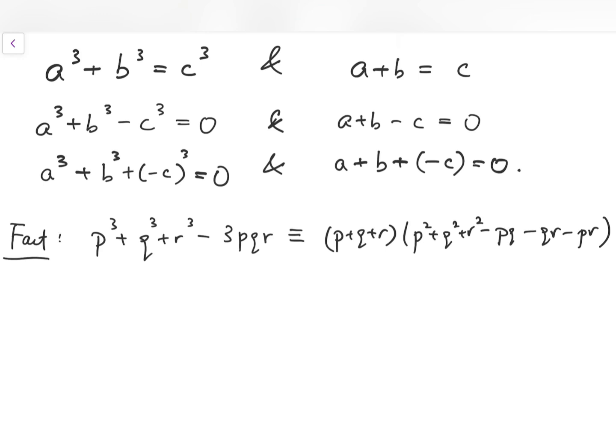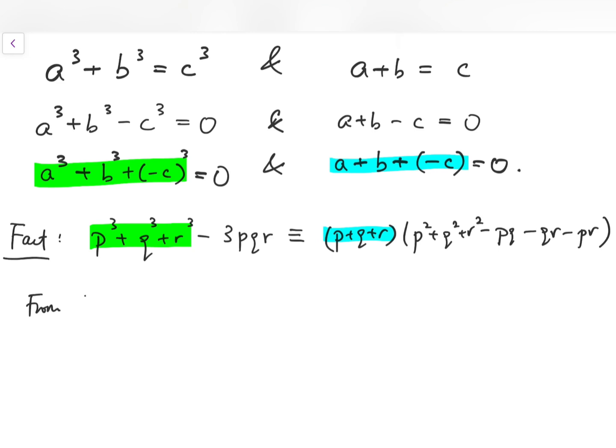Now to use this fact, we can just replace p, q, r by a, b, and minus c. And you can see that the sum of cubes over here is 0, and the sum at the right side is also 0.